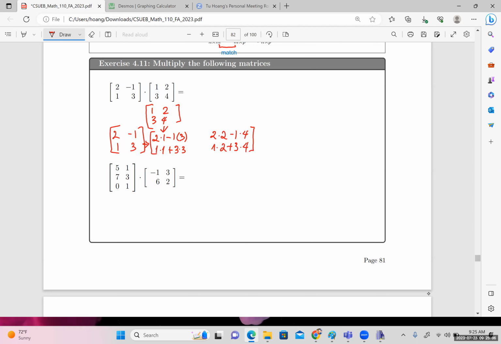So to simplify, 2 minus 3, right? 2 minus 3 is -1. 1 plus 3 times 3. So 1 plus 9, 10.